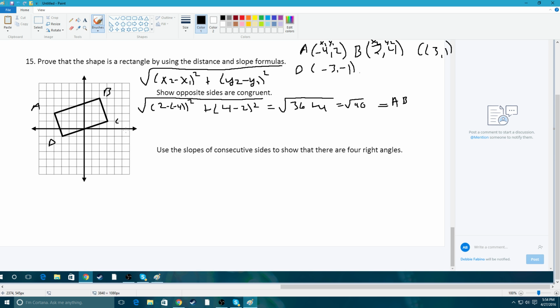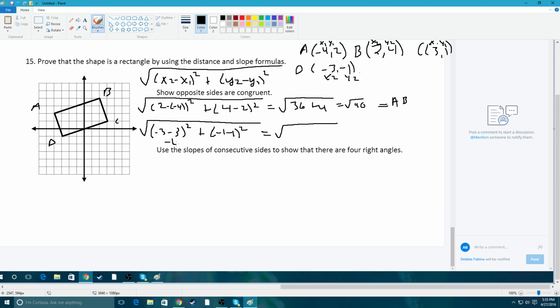Okay. So we have to do the opposite side for CD. So we'll call this x1, y1, x2, y2. So this turns out to negative 3 minus 3 squared plus negative 1 minus 1 squared.